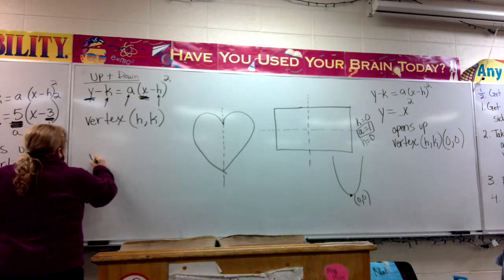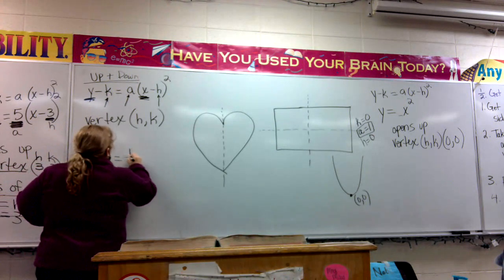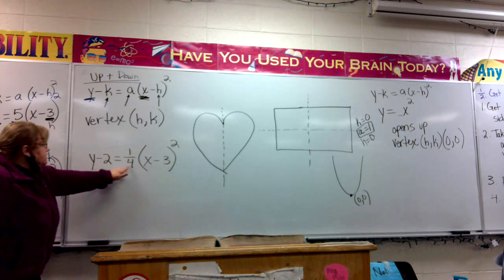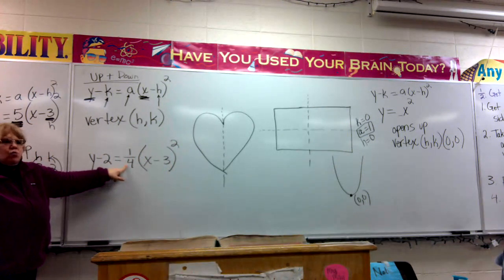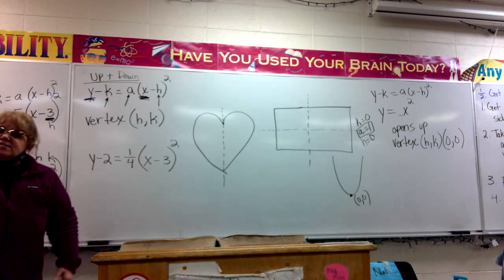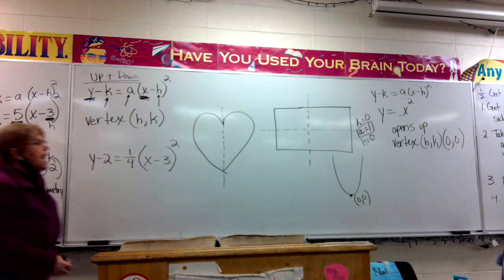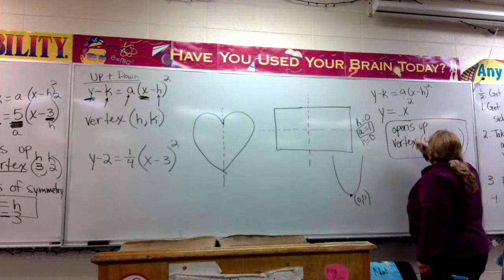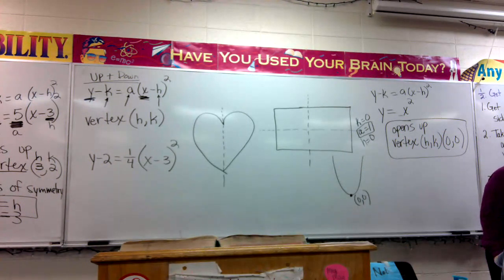If you have a value like y minus 2 equals 1/4, this parabola is wide. A small A value means you have a wide parabola. A big A value means you have a narrow parabola. So that's another thing you can look at. But that's all you have to do for this, is look at which way it opens and what the vertex is, and then match it up to a graph, right?